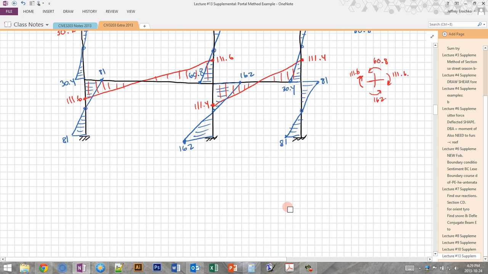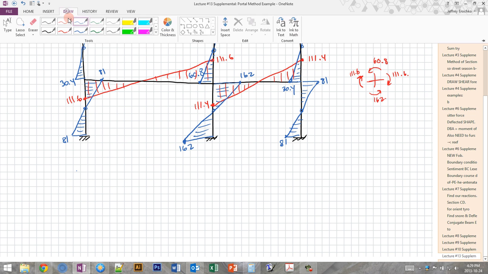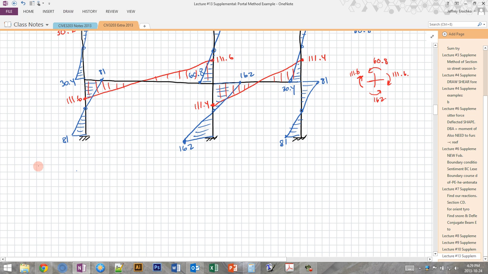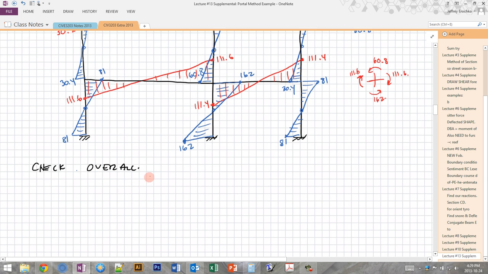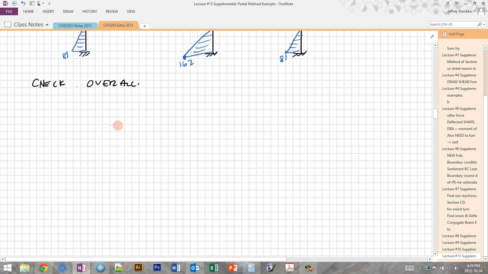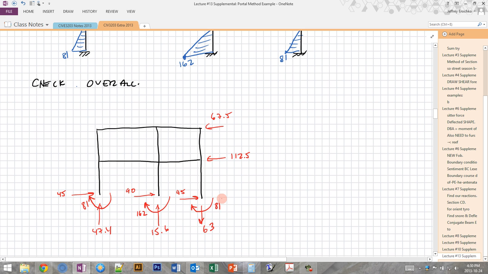Okay, now one last thing that we can do to convince ourselves that what we've done is reasonable is to check our overall equilibrium. So I'm just going to put all of the forces onto the structure. Okay, so these are all of the external forces on our structure. These are the applied forces, and these are the forces at the base.